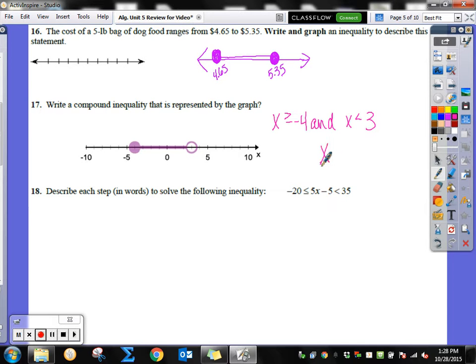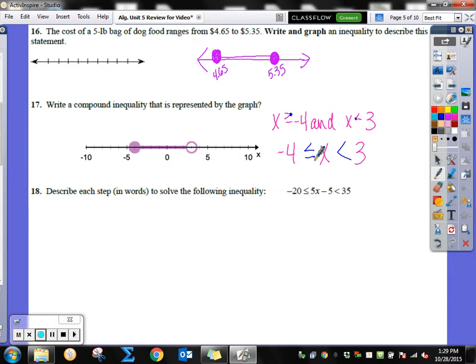So I like to put my X in the middle, then I put my numbers in numerical order, so negative 4 on the left, 3 on the right. Then I make sure my inequalities are pointing in the correct direction. So with the 3, it was pointing towards the X, so I have to make sure the same thing here. With the X and the negative 4, it was pointing towards the negative 4. So that is two different ways that are both correct to write your inequality.